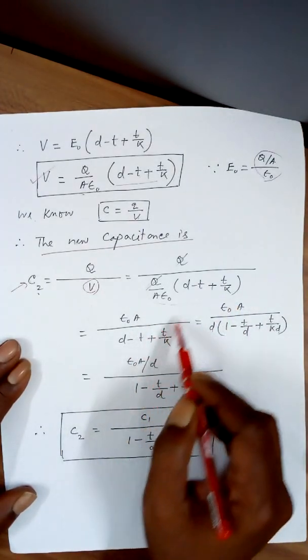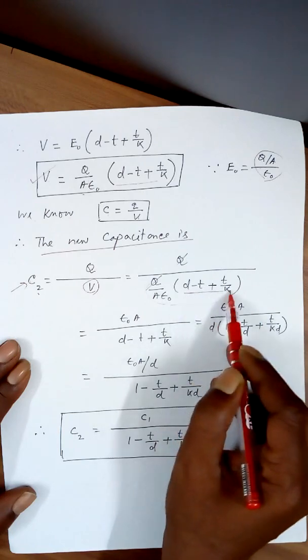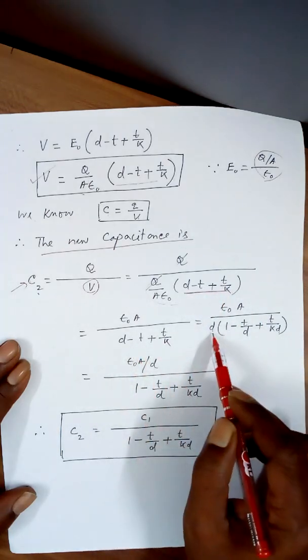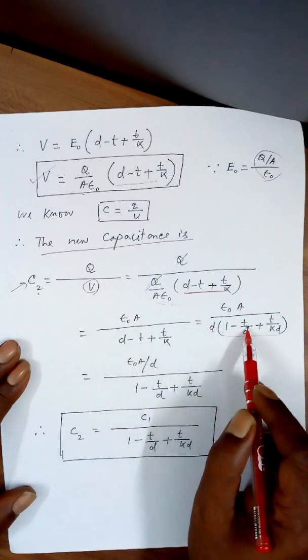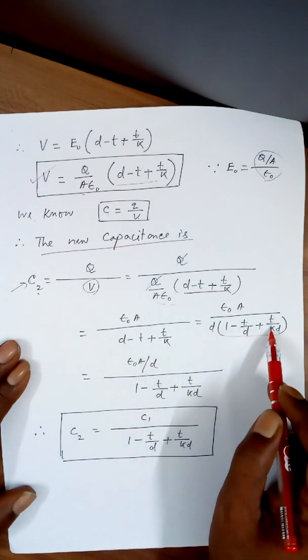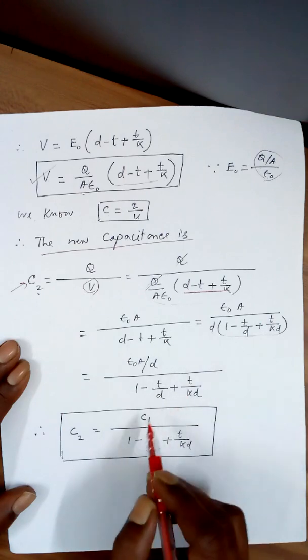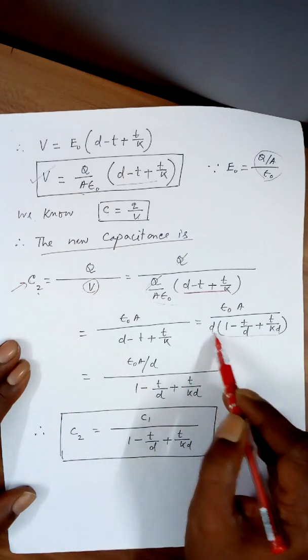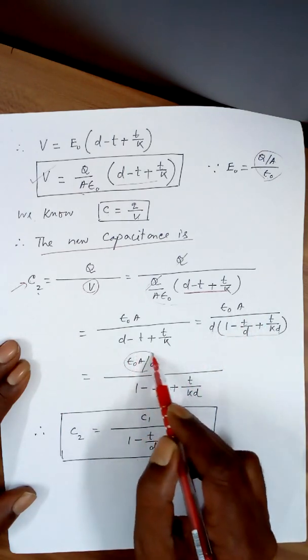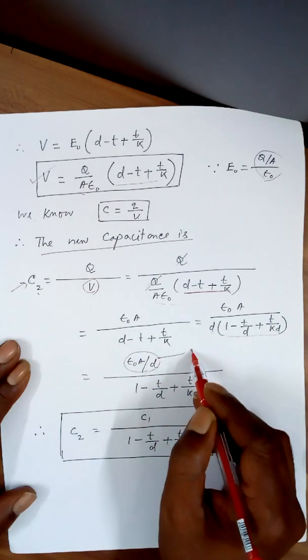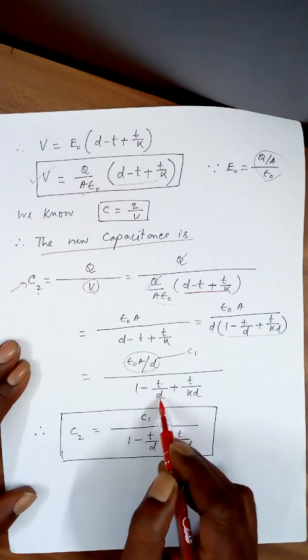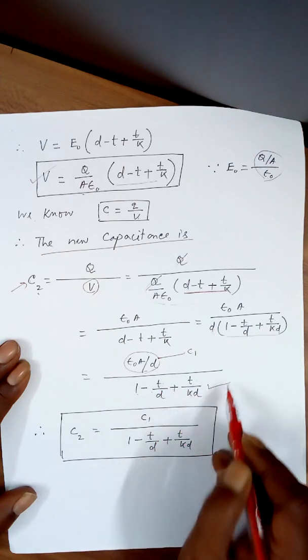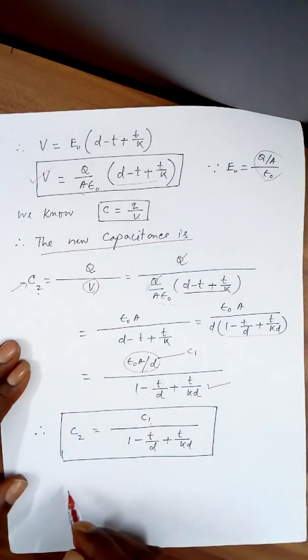I take d common, so I am left with d into 1 is d, d into this is t, d into this is t by K. Now I take this d to the numerator to give it a shape, because this will be equal to the previous capacitance C1. So it is C1 divided by 1 minus t by d plus t by Kd.